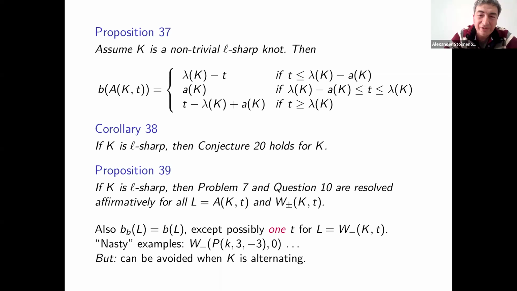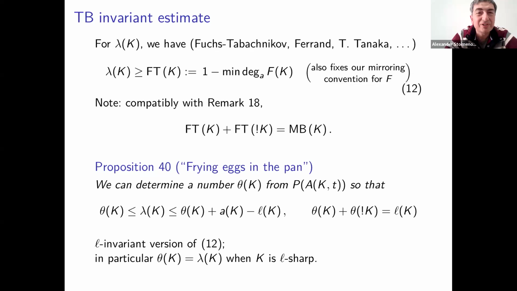So they are difficult examples to resolve this issue. But for example, in the alternating case, this problematic value t can also be avoided. So for alternating knots, also the negative twisted Whitehead doubles have a minimal strongly quasi-positive Bennequin surface.